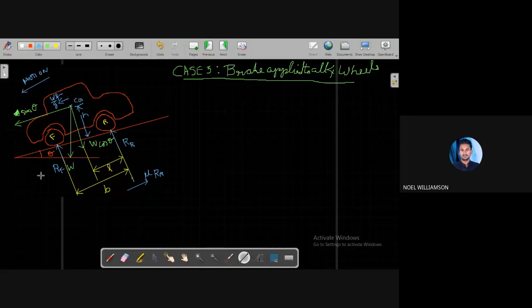Next, at the front portion, the friction will be acting in this direction, mu into Rf.